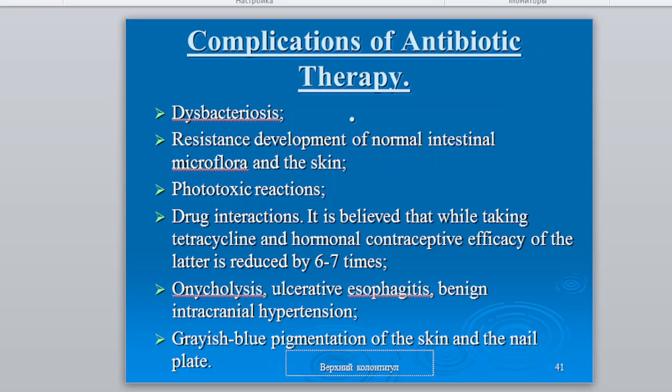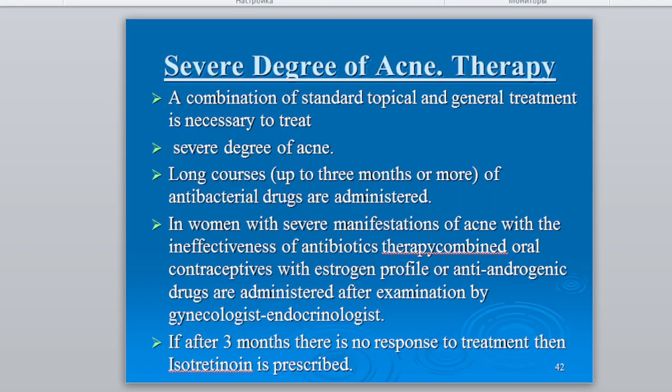Next, severe degree of acne. Therapy. A combination of standard topical and general treatment is necessary to treat severe degree of acne. Long courses, up to 3 months or more, of antibacterial drugs are administered.